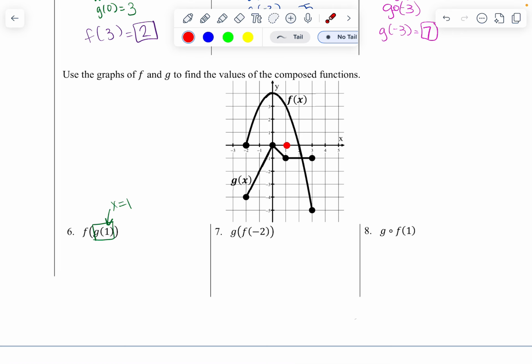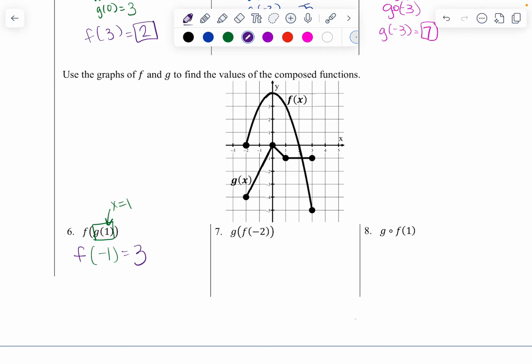What's that output value, or the y value? We see it's negative 1. So g of 1 is actually negative 1. To find f of negative 1, my input is now negative 1, and we follow it up to the f function, which tells me the output value is 3.